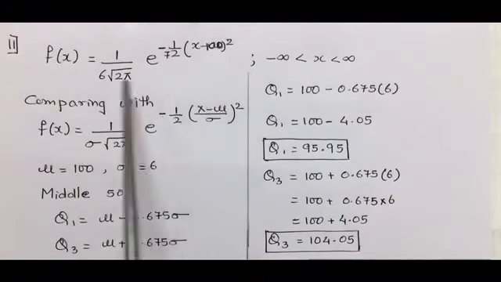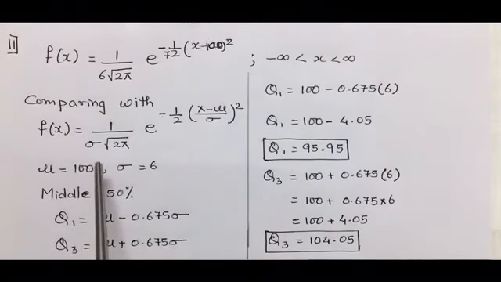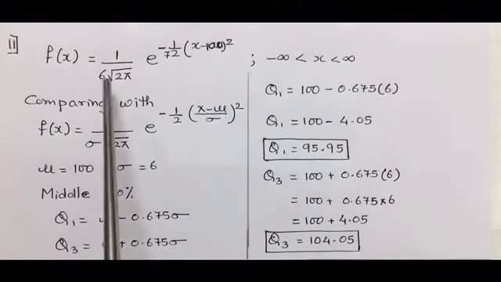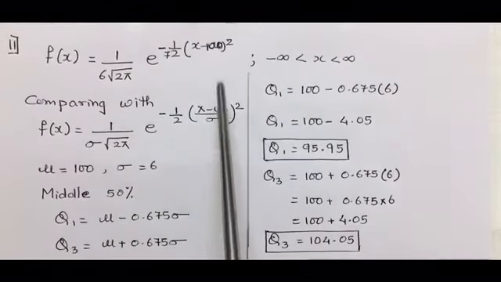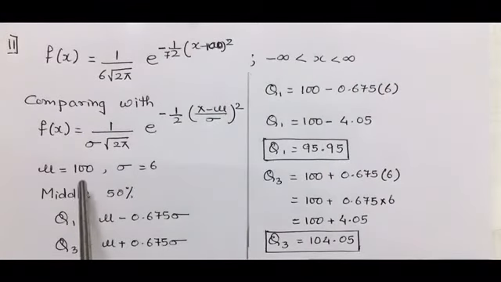So comparing this probability density function with fx, the original form of it, we get sigma as 6 and mu as 100. So taking up mu equal to 100 and sigma equal to 6, for the middle 50% observation, the Q1 formula is mu minus 0.675 sigma and Q3 is mu plus 0.675 sigma.